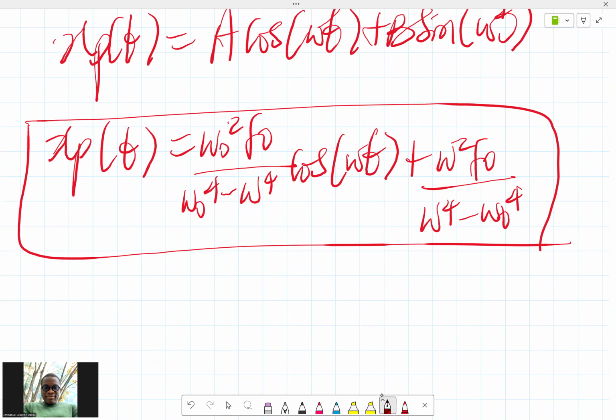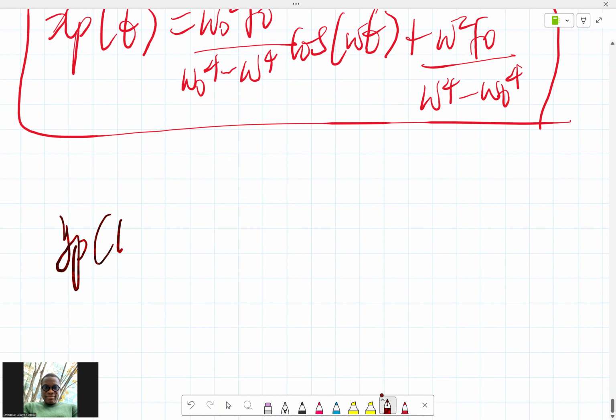Then we have YP of T, the second side of things.